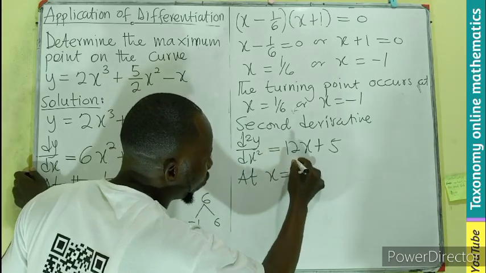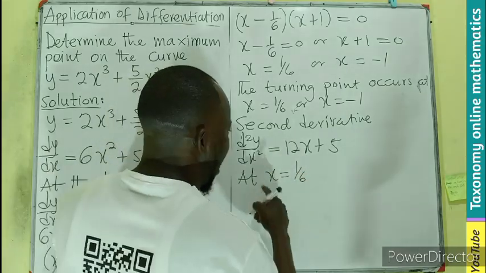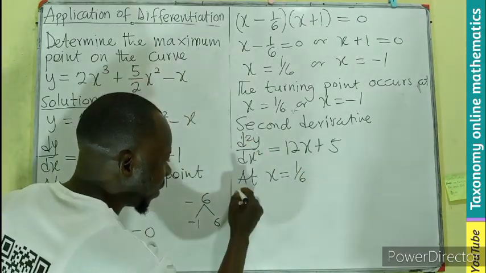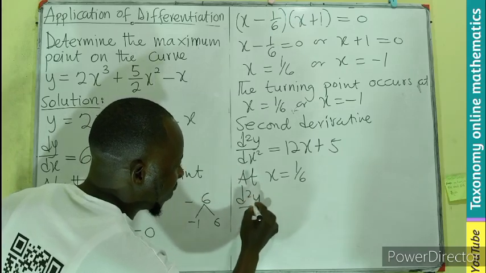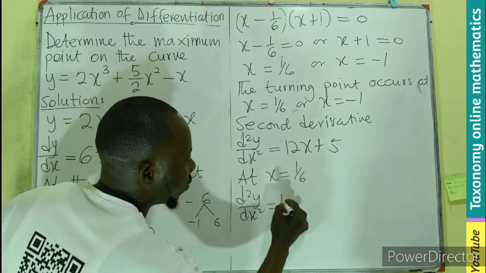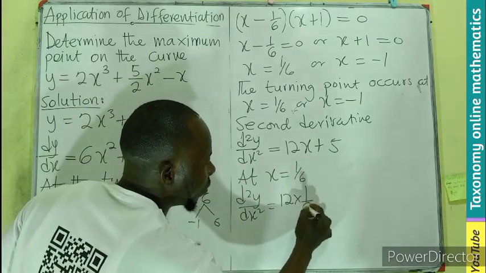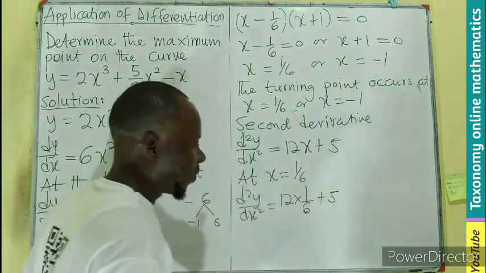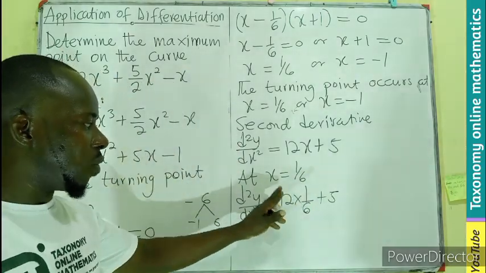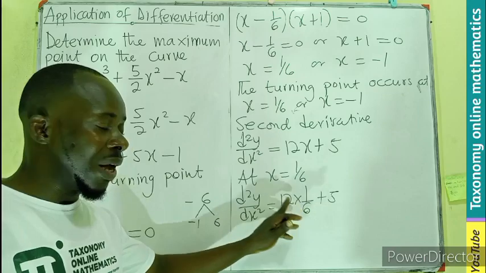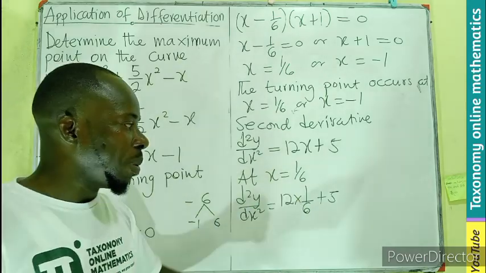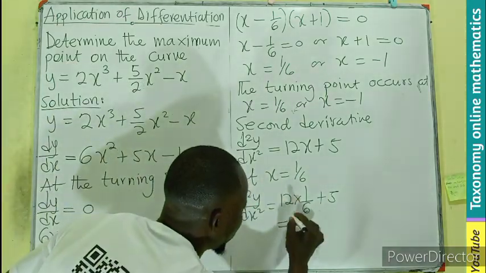At x equals 1 on 6, I find the second derivative value as 12 times 1 on 6 plus 5. And I believe 2 can go here, 6 can go here 2 times. 2 plus 5 will give us what?